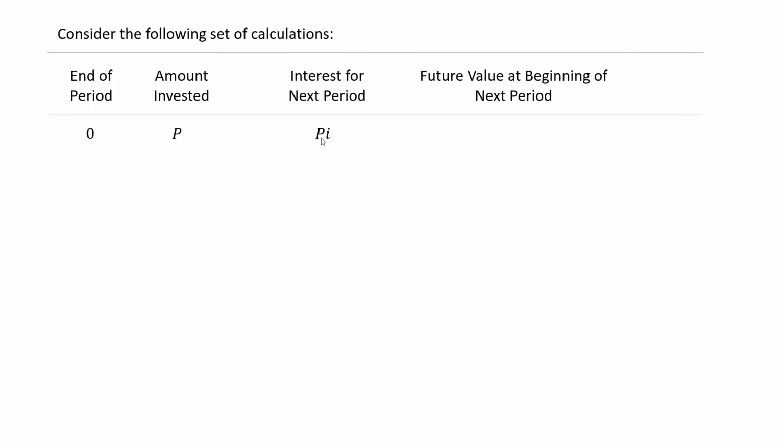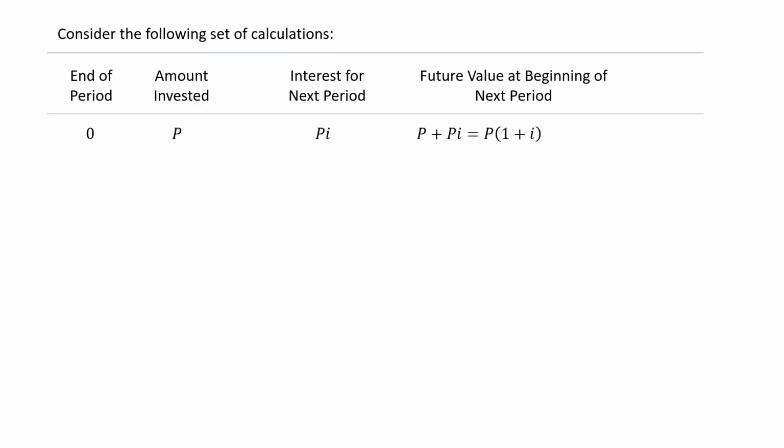This is the I, uppercase I. Good. Now, the original amount was untouched, and that earned interest here. So what is the future value at the beginning of the next period, or the end of this period? You just add these two things, P plus PI. Cool. As simple as that. The amount invested at the beginning of this period plus PI gives you this one. Would you agree that's okay? I just factored out a P. As simple as that. Cool.